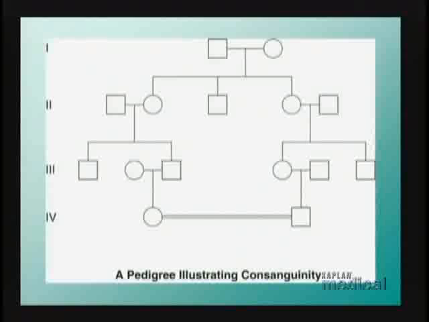The complication here results from the fact that when we did our Hardy-Weinberg equation calculations earlier, we assumed random mating in the population. It's one of the assumptions that Hardy and Weinberg made. However, if you have consanguinity, you do not really have random mating anymore.